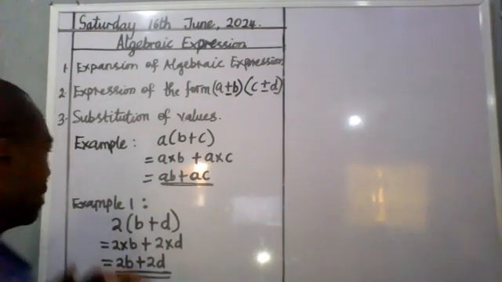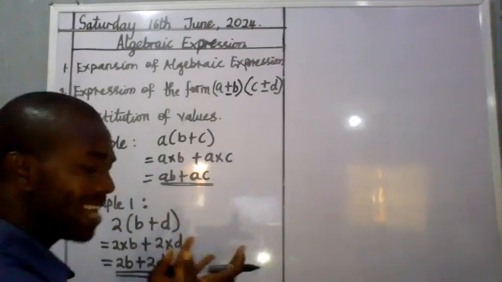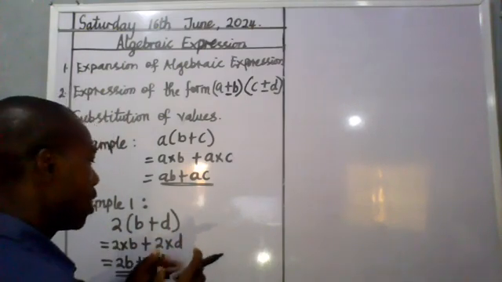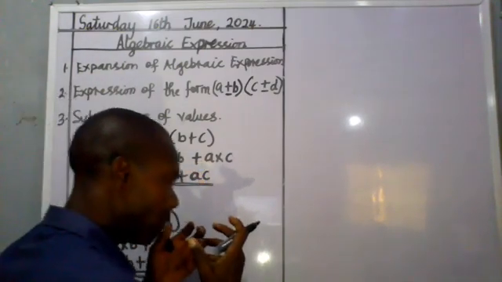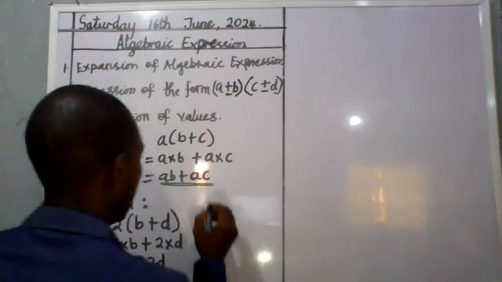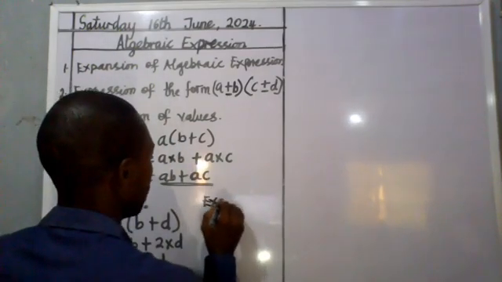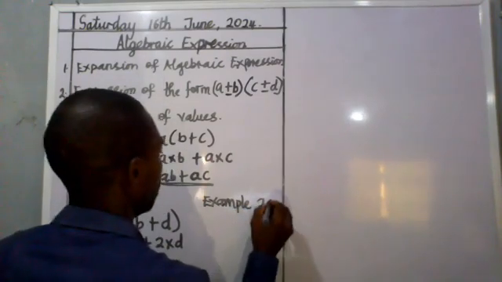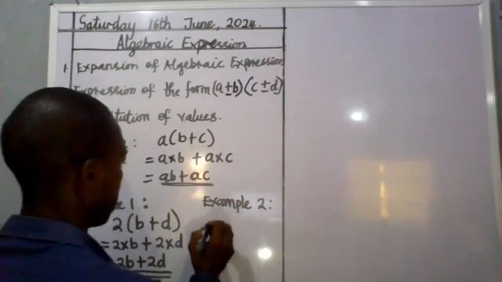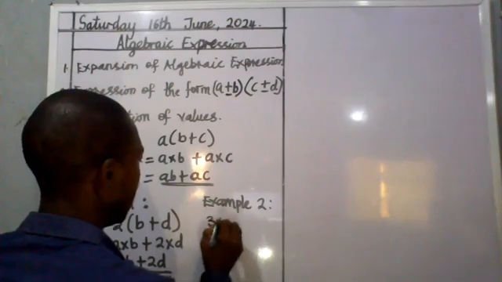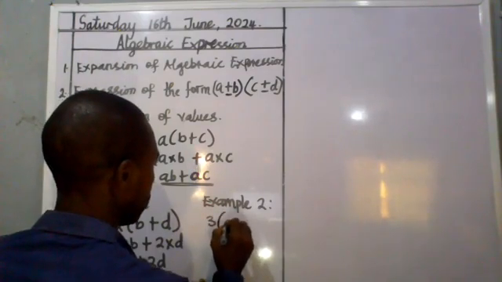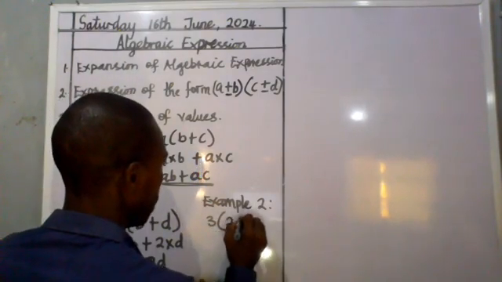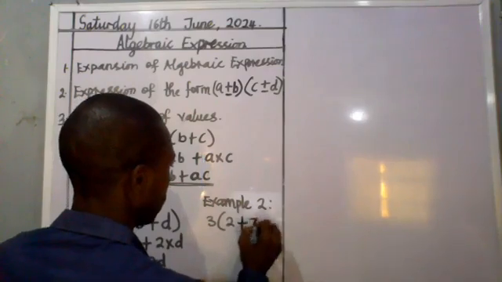Now, let's try to apply this in value forms. Example 2. I have this 3 into 2 plus 7.